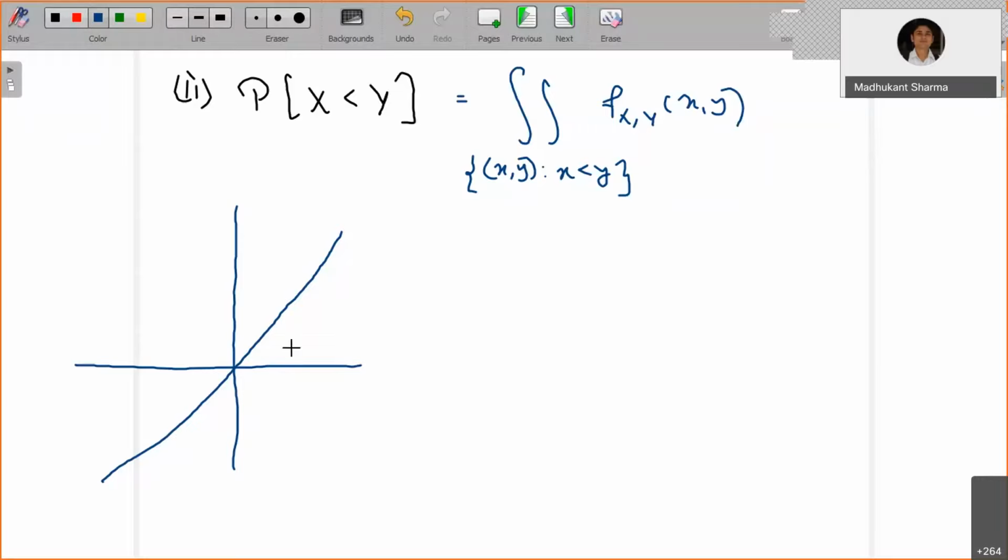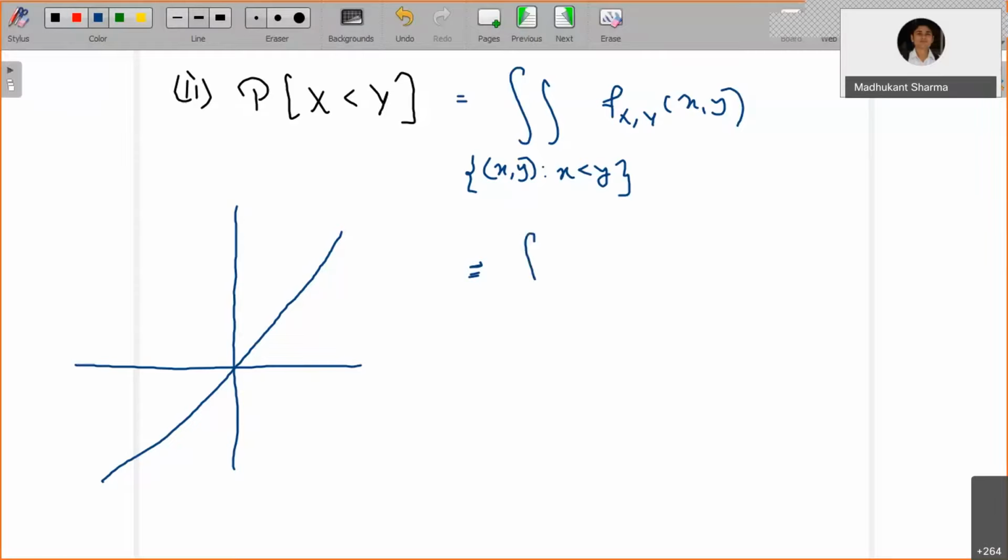So what are the limits for x and y here? Now both limits are not going to be constants. I can leave it for you, because I've already dealt with integral calculus in your first year course as well.